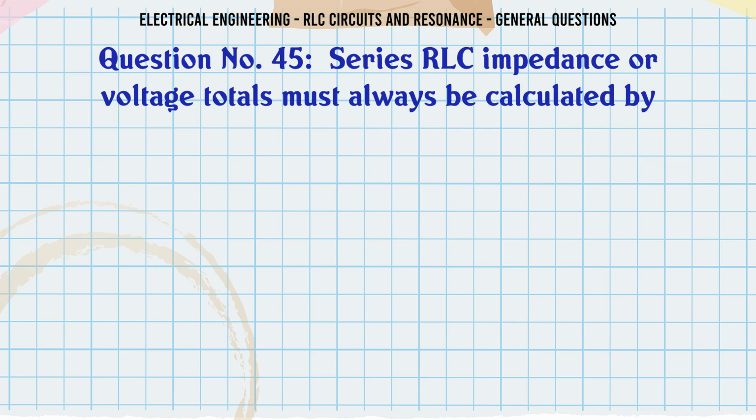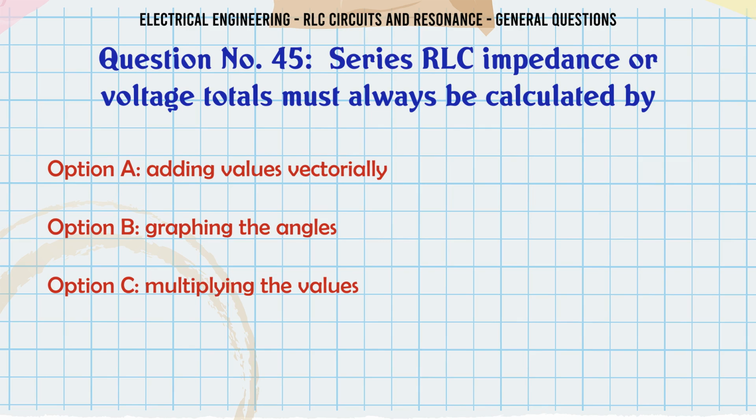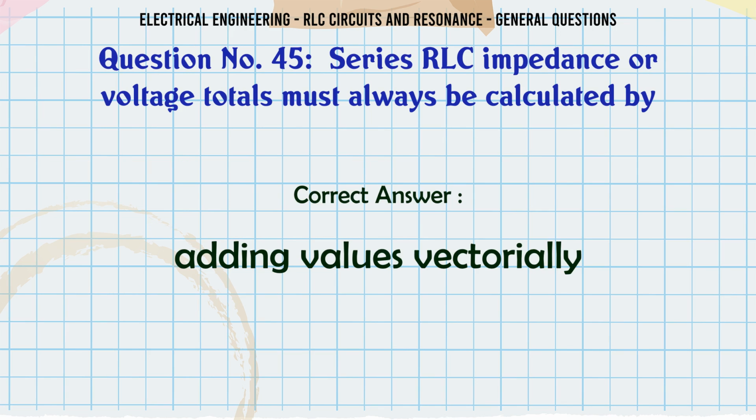Series RLC impedance or voltage totals must always be calculated by A. Adding values vectorially. B. Graphing the angles. C. Multiplying the values. D. Subtracting the values. The correct answer is adding values vectorially.